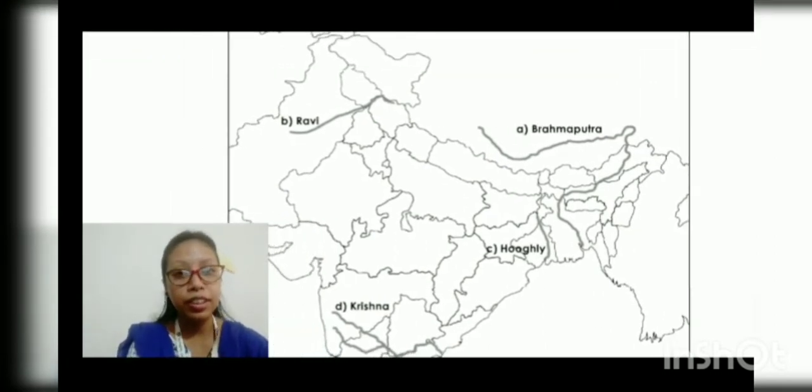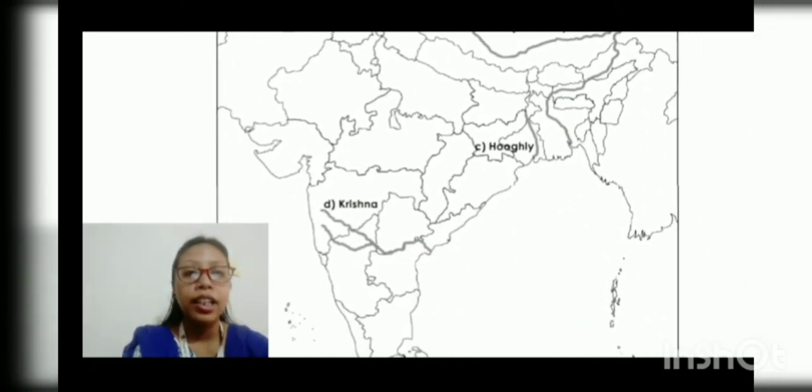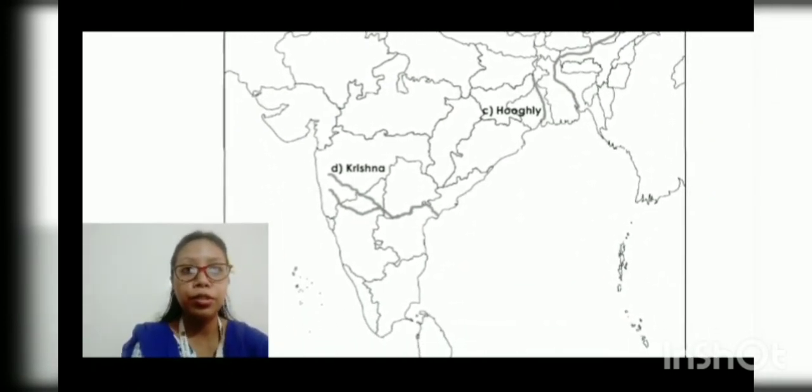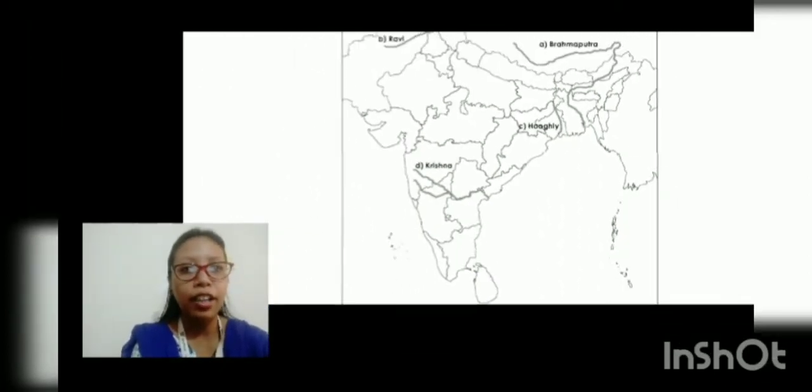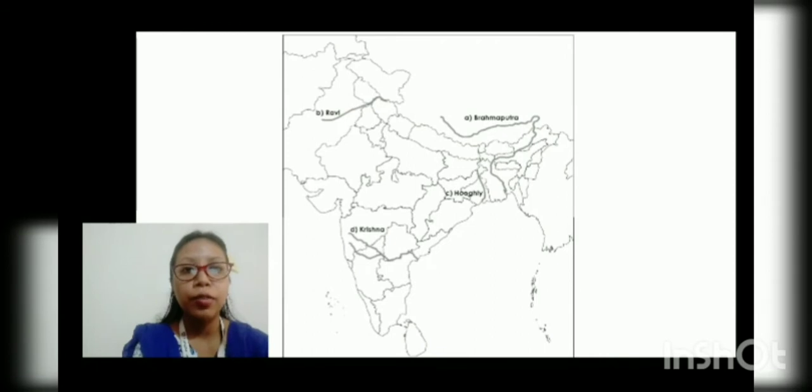Ravi is a tributary of Indus, right? So here we have B, Ravi. Then we got the distributary of Ganga, which is the Hooghly. That is number C. And then the river that flows through Telangana, that is the Krishna. So these are the rivers that we have talked about just now in the question, and you have to label them in this way.